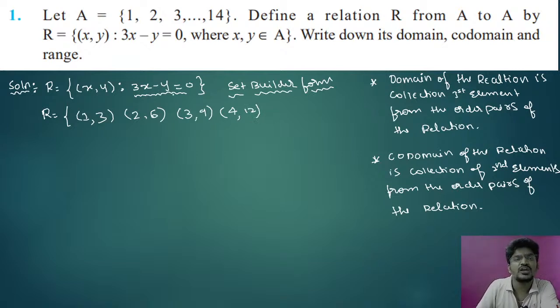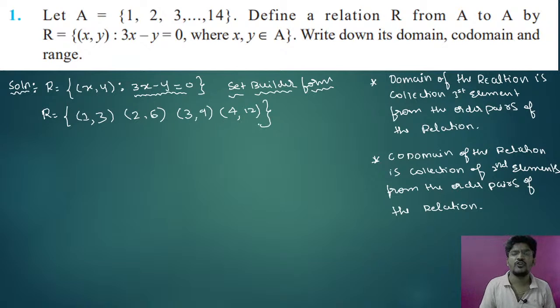You see the next ordered pair, 3 into 5. It will be 15. That means the y value I have to write is 15. But 15 is not present in your set A. So that's why I can't write that element. So only I can write (4, 12).